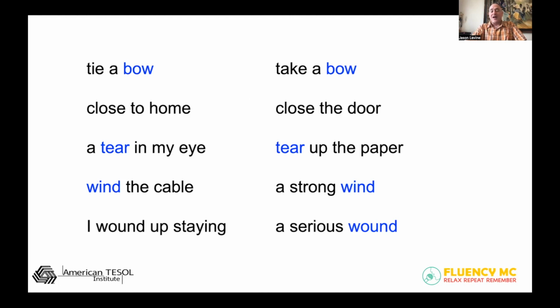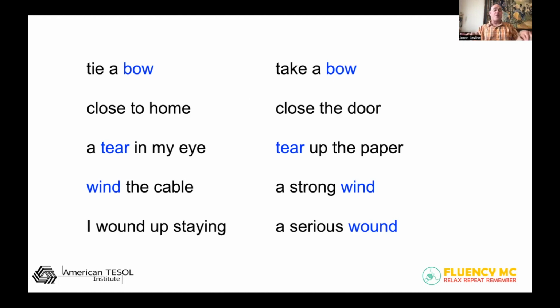So if they're a higher level and they understand bow, oh, what are some collocations with bow? Tie a bow, okay, or a bow tie. Anyway, I'm a big believer in one collocation that is easy to remember, high frequency.